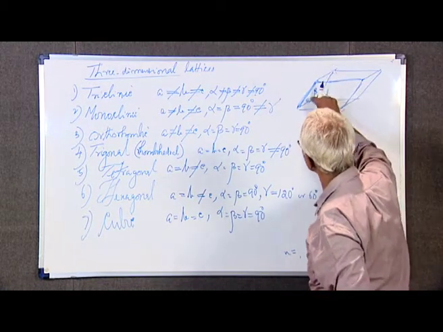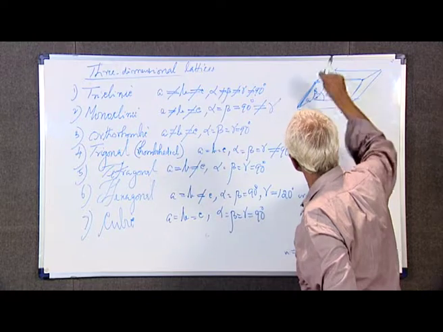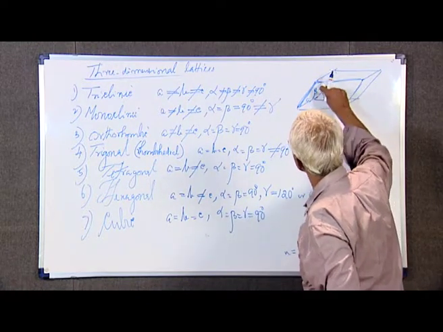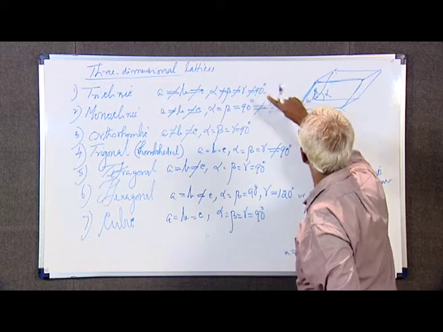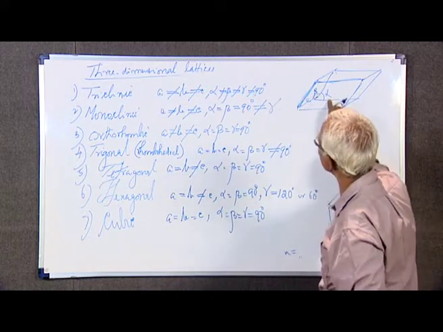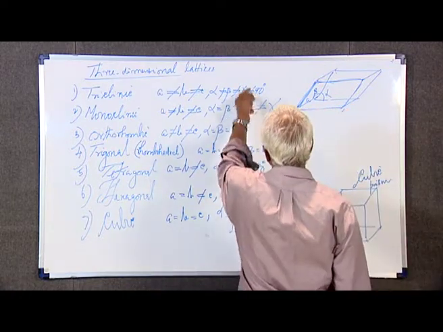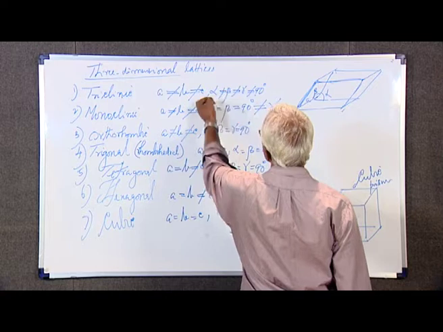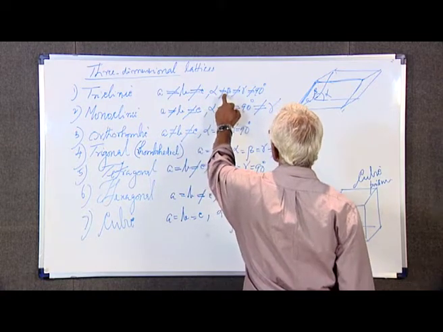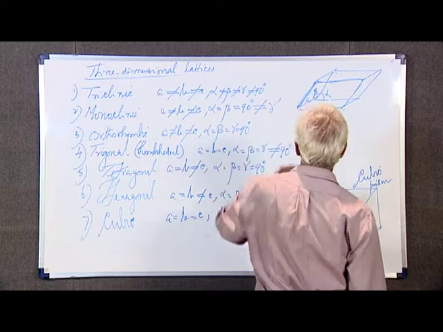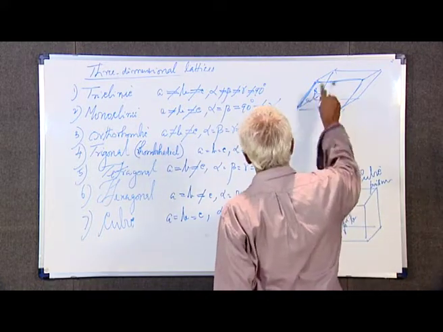Then evidently, the moment A goes perpendicular to the plane of the board, if beta becomes 90, gamma also becomes 90, while alpha not equal to 90. Of course, here I have written alpha equal to beta equal to 90 and gamma not 90.